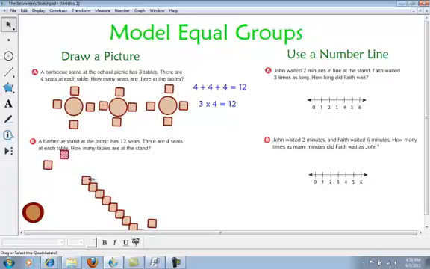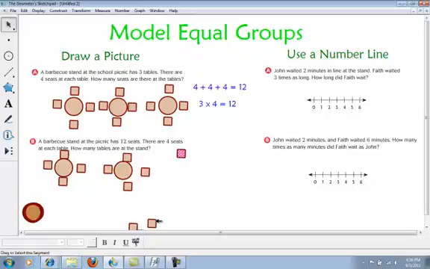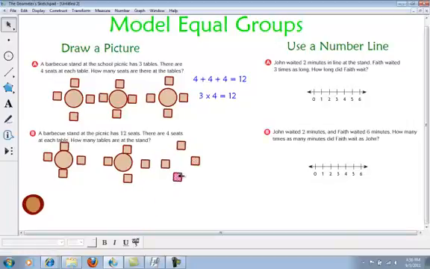So let's start taking our group of 12 and dividing them into groups of 4. 1, 2, 3, 4. You can see how a table would fit there. So there's 1, there's 2, and then we have 1, 2, 3, and 4.